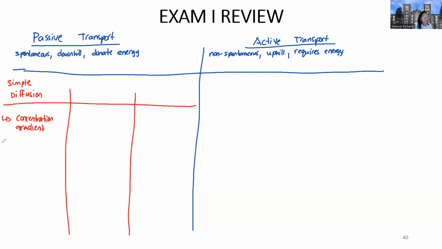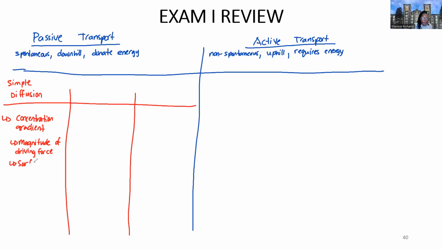It's also going to be determined by the magnitude of the driving force. The bigger the strength of the driving force or the concentration gradient, the faster the rate of simple diffusion.